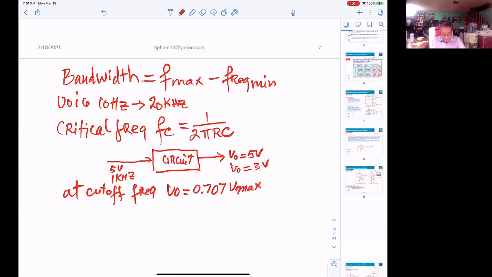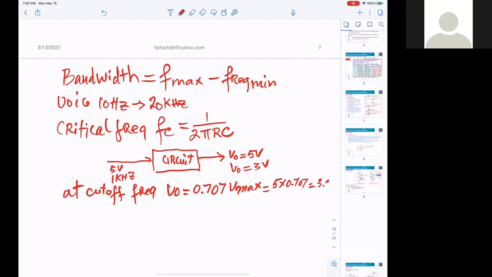In this case, the maximum is 5 volts, then 5 times 0.707, you get 3.5. So it's the half power point.